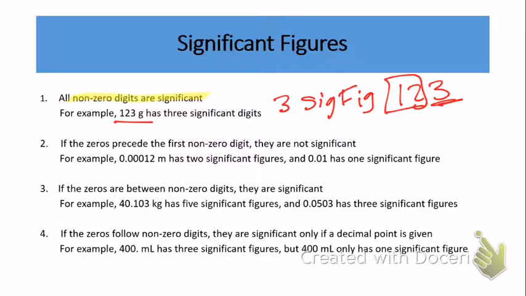Okay, so let's look at rule number 2. It gets a little bit more complex now. Zeros that come before the first non-zero digit are not significant. Okay, what does that mean? That means that these zeros right here that come before that first non-zero digit are just placeholders.